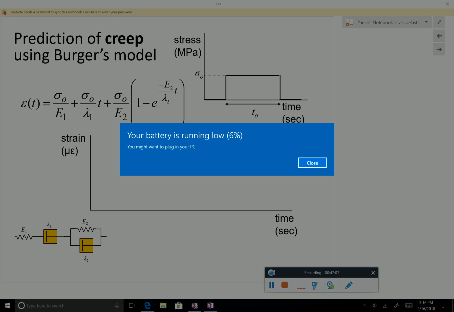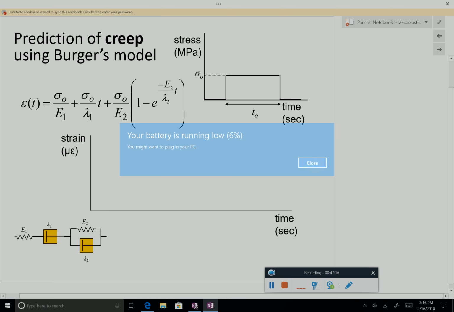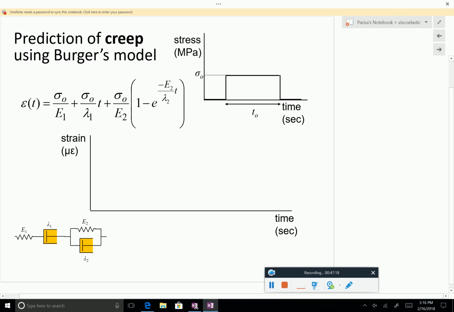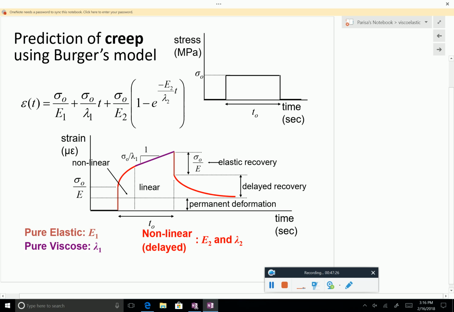So make sure that it's clear. So let me put this before the computer.